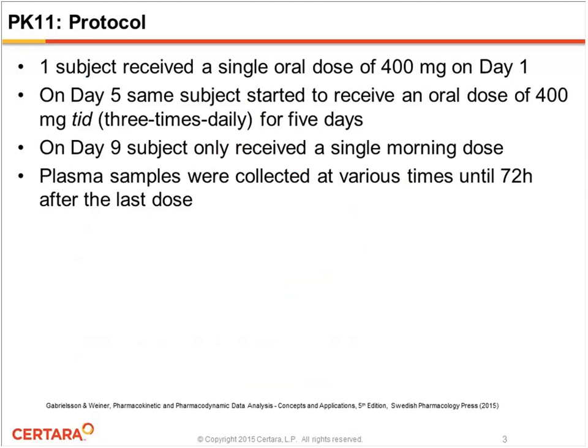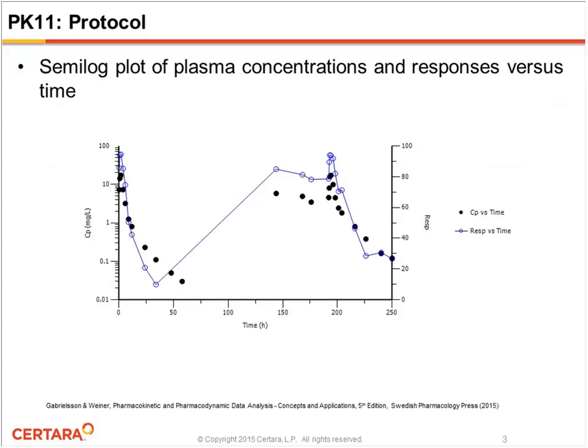And on the last day, day 9, the subject only received a single morning dose. During the study, plasma samples were collected at various times until 72 hours after the last dose. The drug effects were measured prior to each blood sampling. So this is the protocol.